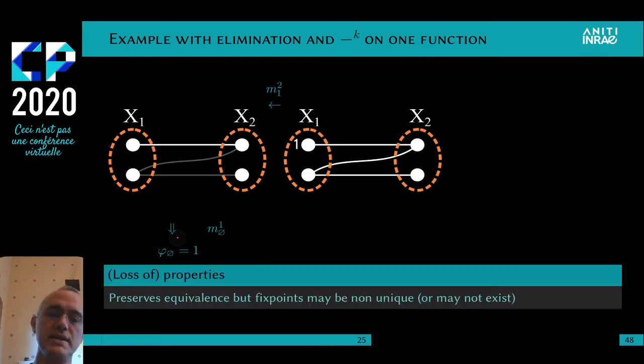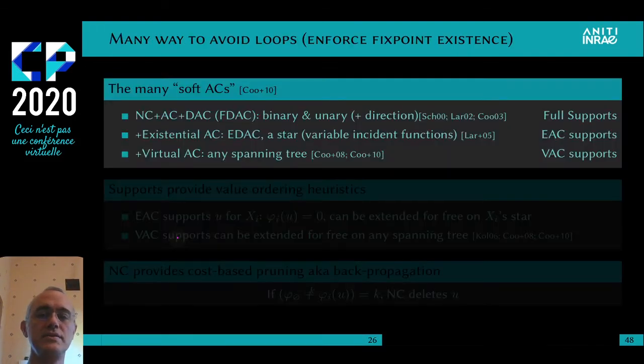We also see that things can cycle easily. So it looks like R consistency, but it preserves equivalence, but there may be many fixed points. Eventually, possibly there may be no fixed point. So things have to be taken care of. And essentially all the successive R consistencies take care of fixed point existence in different ways, on different sub-problems in some sense.